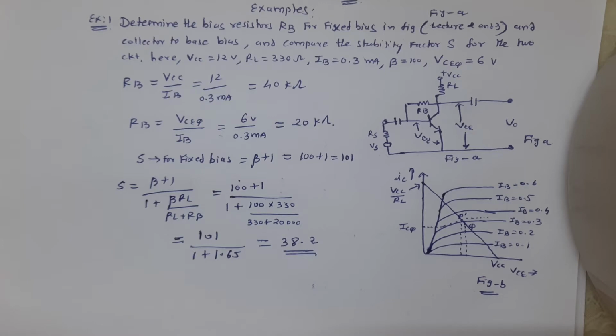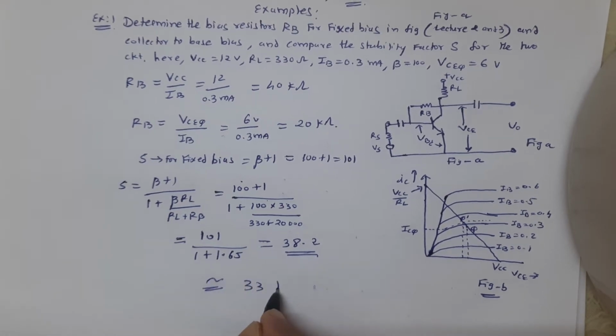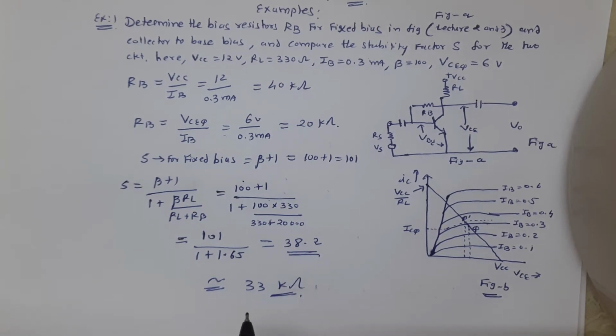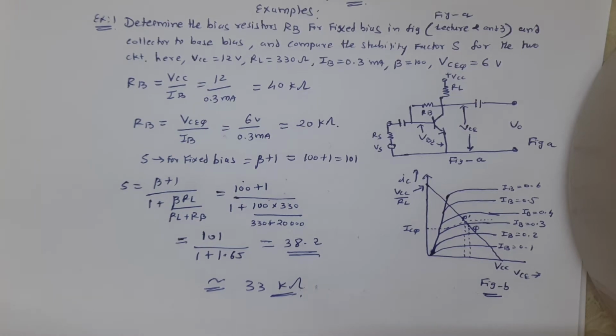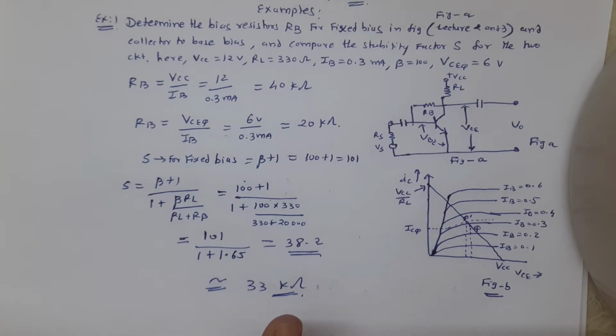The relation is given as 1000 into 330, which is nearly 33 kilo ohm, and it is already discussed in your reference book. For this, you can see your reference book. The writer of the book is Alan Motorshed.